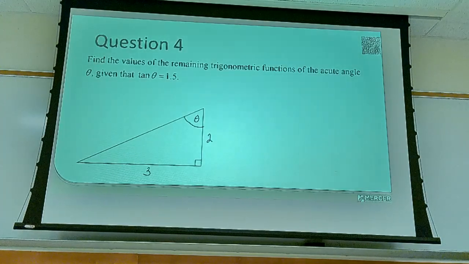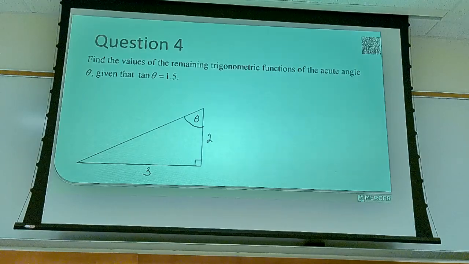Square root of 5. How'd you get the square root of 5? Oh wait, no, you don't do that. You just do the square root of 3 squared plus 2 squared, right, instead.